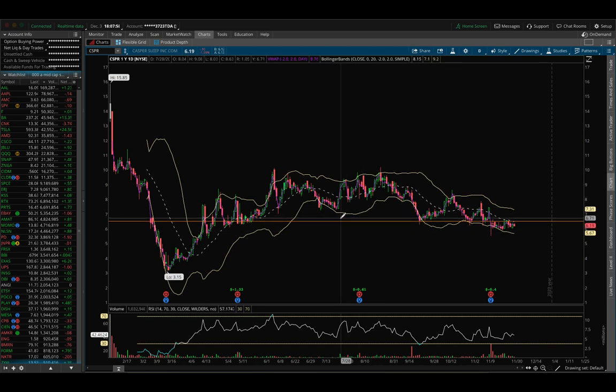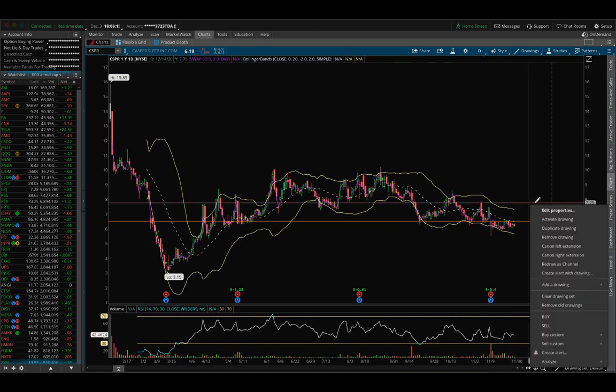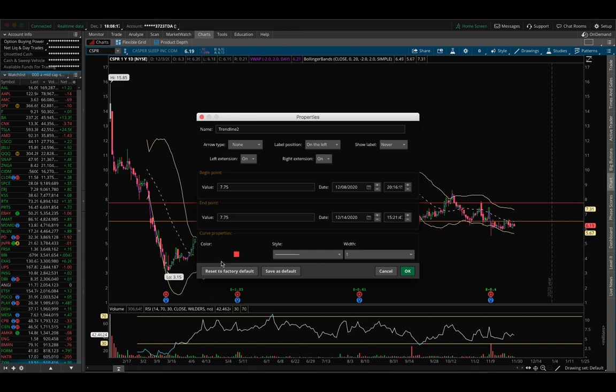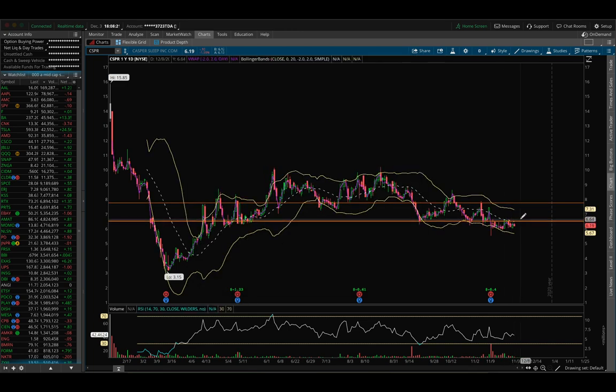Okay, so right here, this is kind of where I'm seeing a nice key support level, and then underneath there, let's start with the resistance. So it's trying to hold this level, and then you'll probably get some psychological support just at the $6 level anyways.